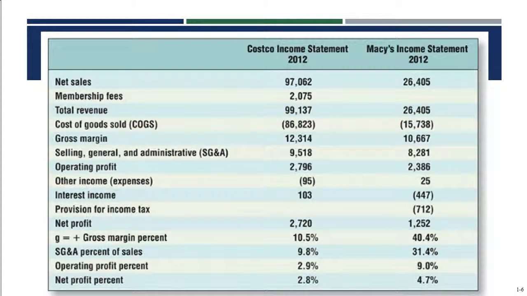If you look at the sales number alone, it seems that Costco is greatly outperforming Macy's. But when you look at that gross margin percent, you can in fact see that Macy's is performing better than Costco.